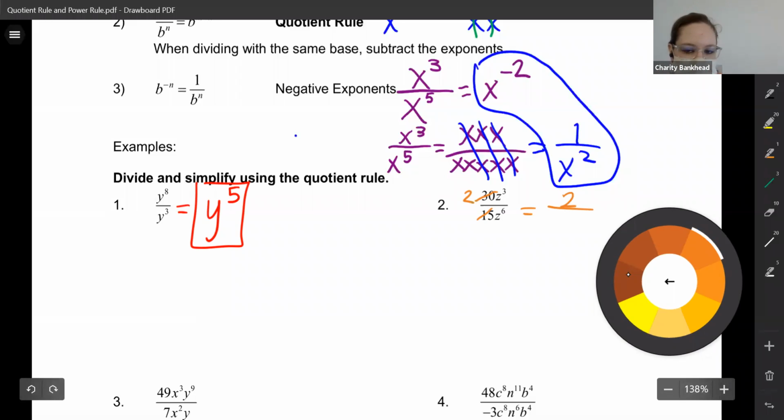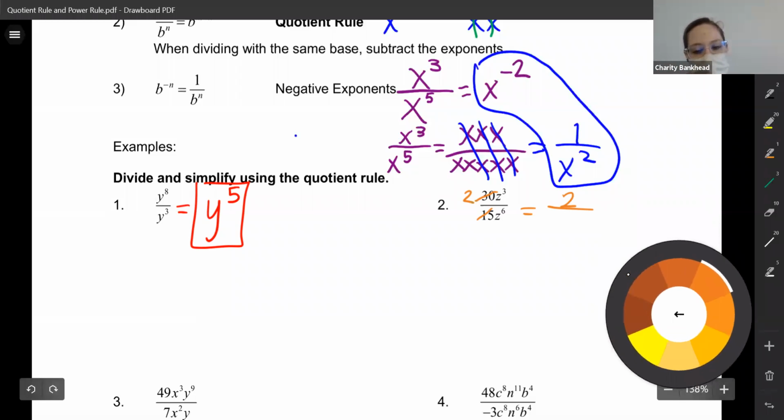And then the way I would probably look at this is we have the larger exponent of z in the denominator. So we're basically just going to subtract 6 minus 3 is 3, and that's going to be in the denominator. It's going to be z to the third in the denominator.